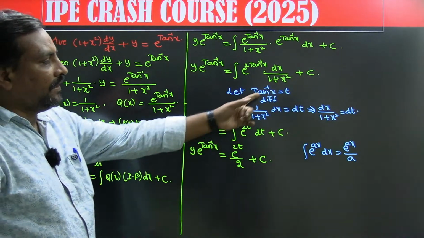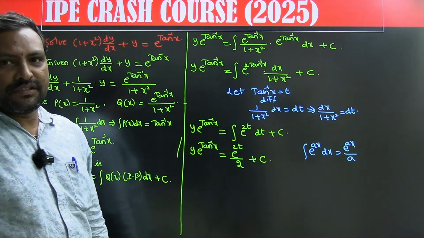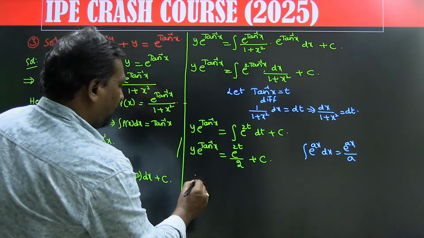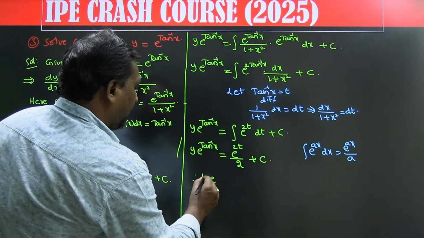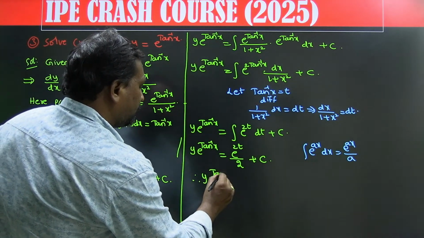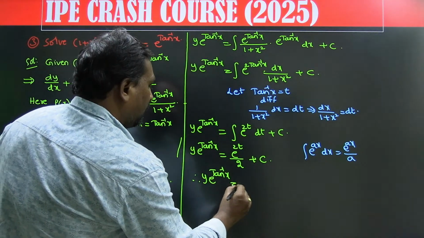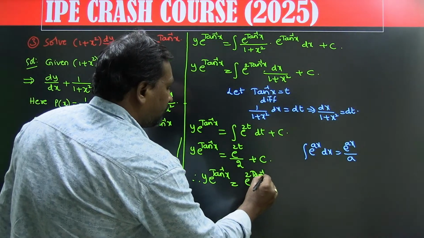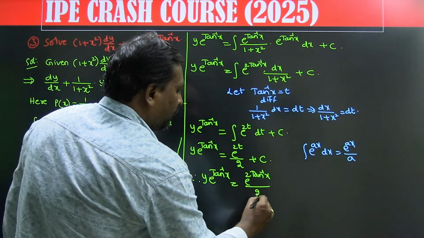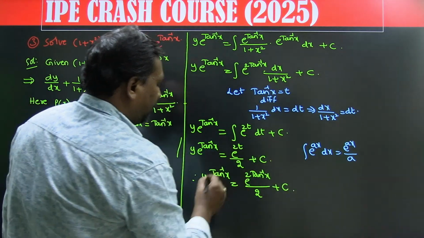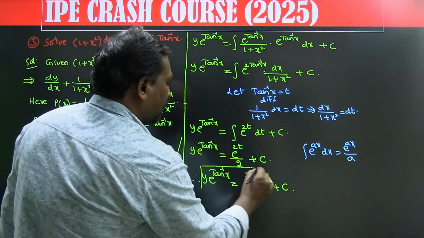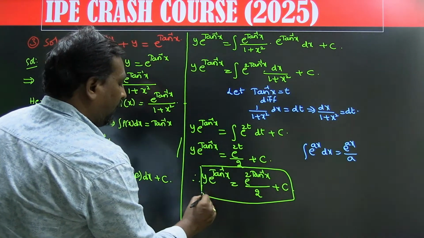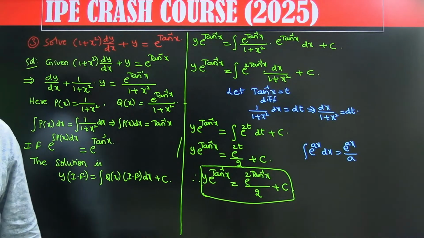In place of t, we substitute tan inverse x. Therefore, y into e power tan inverse x is equals to e power 2 tan inverse x by 2 plus constant c. So, this is the solution of the given differential equation.